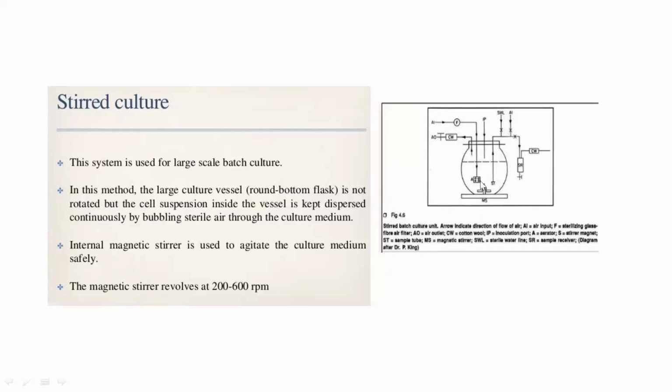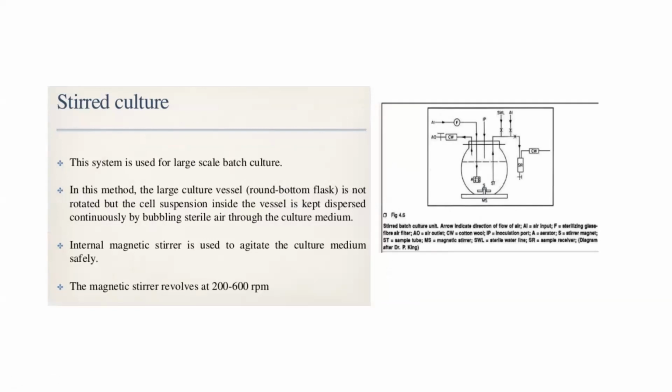This is a stirred culture. You have a stirrer which is automatically controlled, and when in the scaling up procedure you need to use more than 10 liters, you can make use of stirred culture.